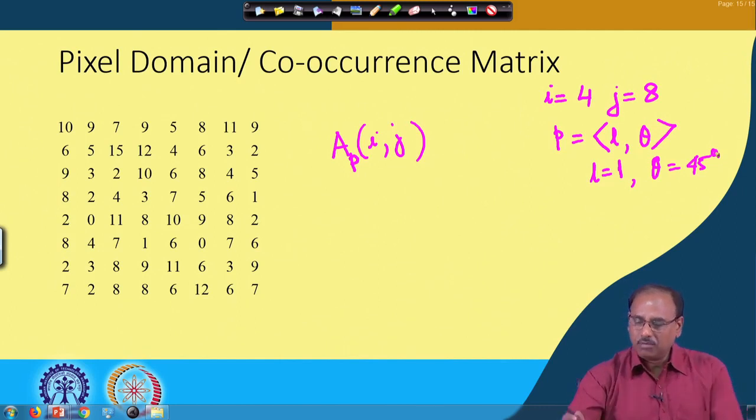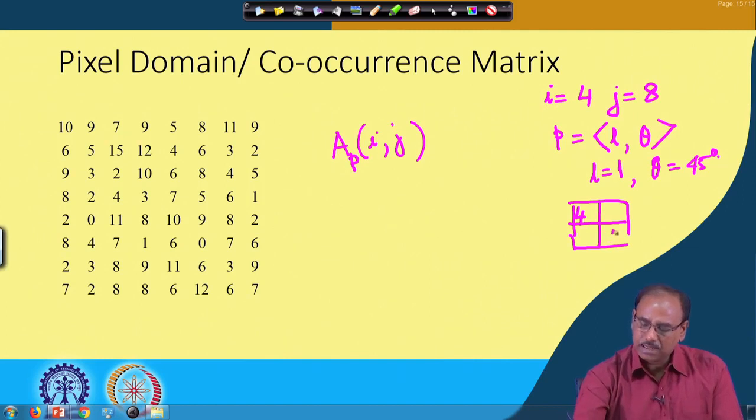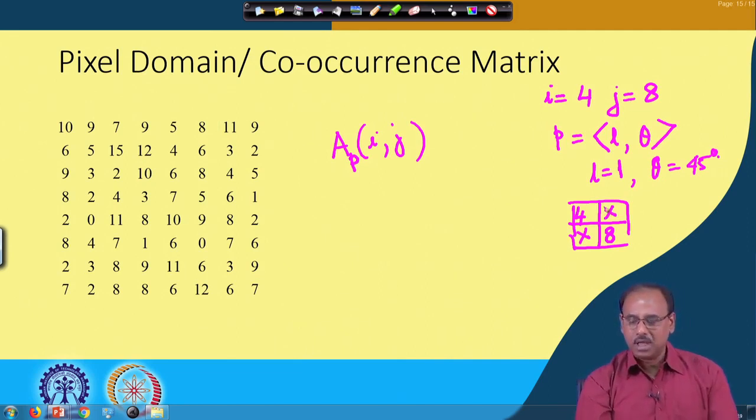In other words, if I have such a 2 by 2 window, I want the pixel at this location to have a value 4 and the pixel at this location to have a value 8, irrespective of the values at these 2 locations. How many such occurrences do I have within this given image?